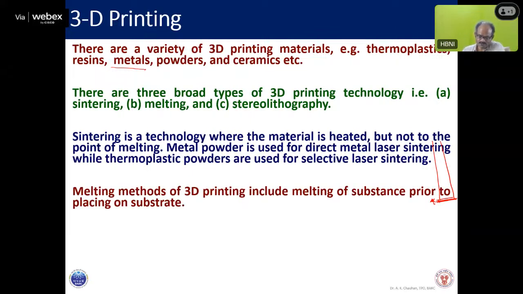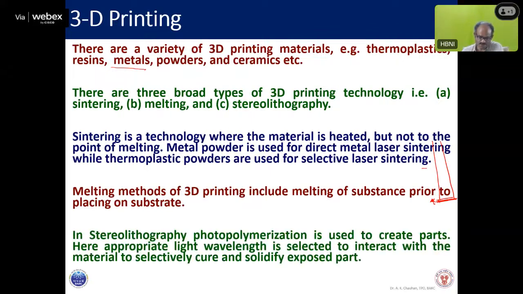Melting methods of 3D printing include melting the substance prior to placing it on a substrate. So in sintering the temperature is high, but the material is not in the molten state, whereas in melting methods the material is first melted and then deposited.